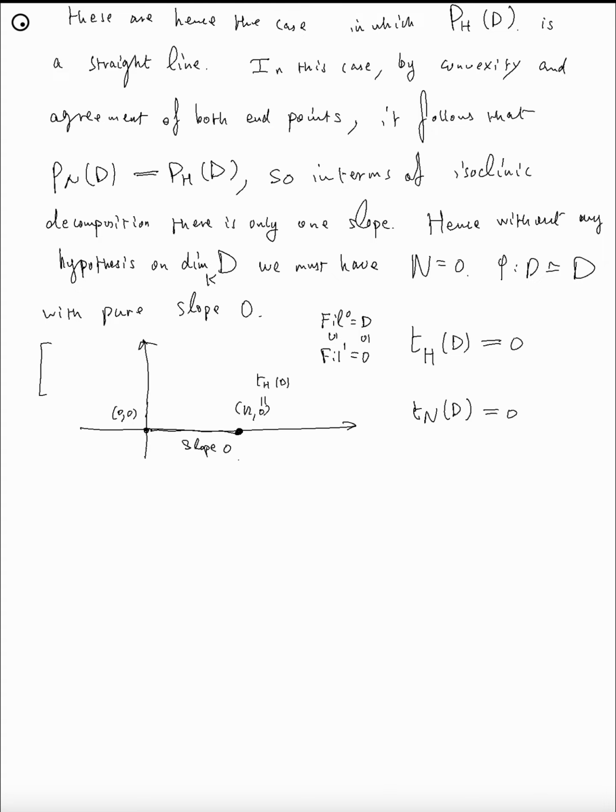So let's say if we want to use the formula to compute the Newton number, then what would it be? To compute the Newton number, you also have a formula. You could use the dimension of each isoclinic piece and then multiply with the slope.